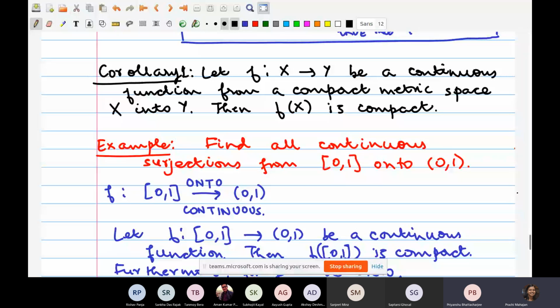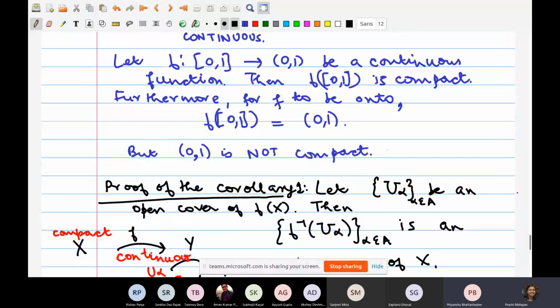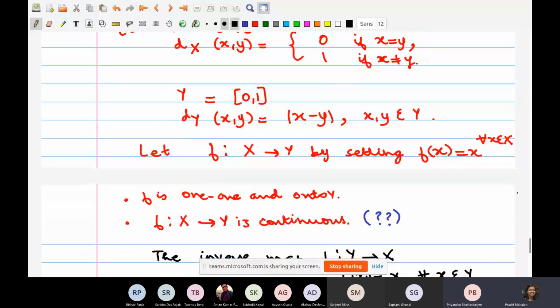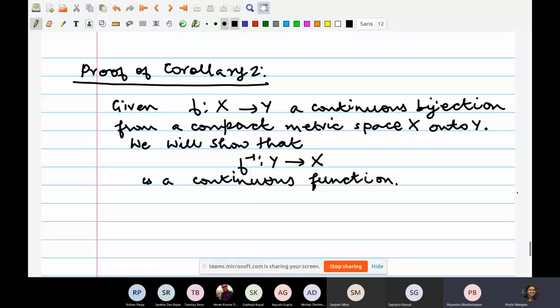Is that okay, Priyanshu? So in this case, since the function f in the setting of corollary 2 is onto, the image is actually the whole of Y. So Y is compact follows as a consequence. You are not required to assume it. Let me go back to the statement one more time.